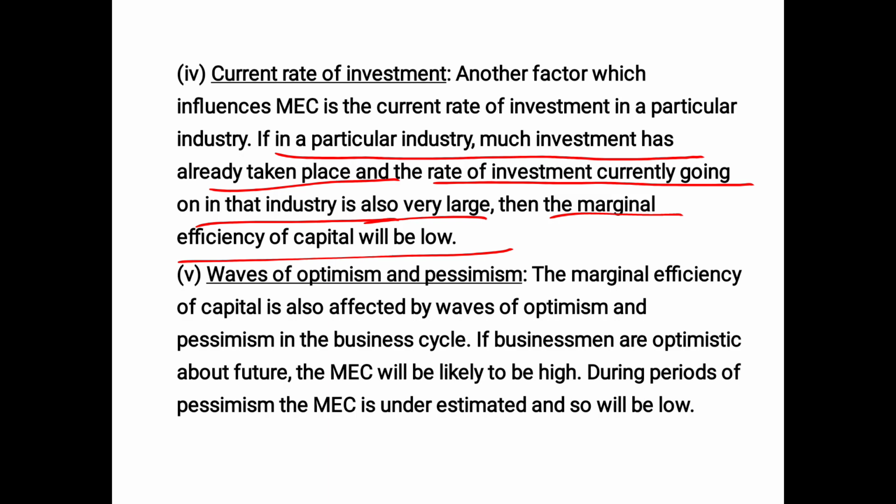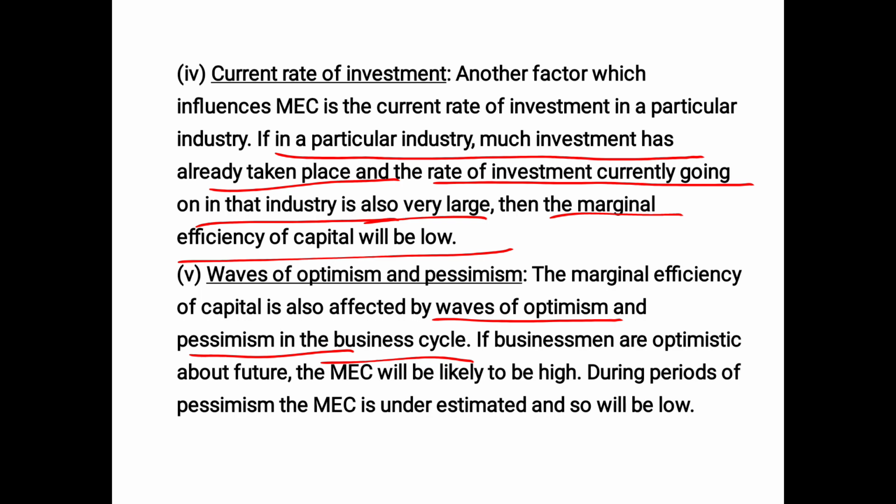So what is the wave of optimism and pessimism? Optimism is the highest level. Pessimism is the straight opposite of it. The marginal efficiency of capital is also affected by waves of optimism and pessimism in the business cycle. If businessmen are optimistic, they think in a better way about the future, that is optimism.